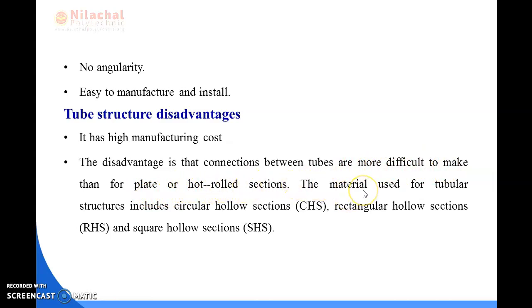The materials used for tubular structures include circular hollow sections, known as CHS, rectangular hollow sections, that is RHS, and square hollow sections, that is SHS. So these are all the advantages and disadvantages of the section.